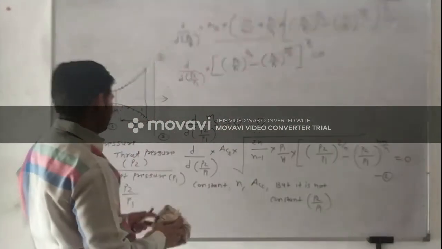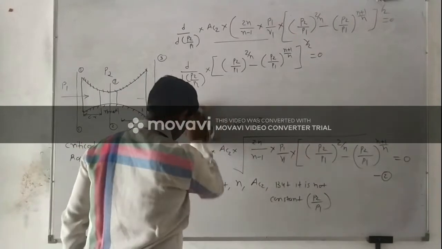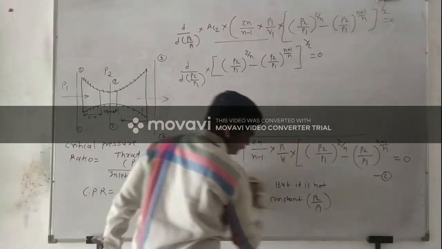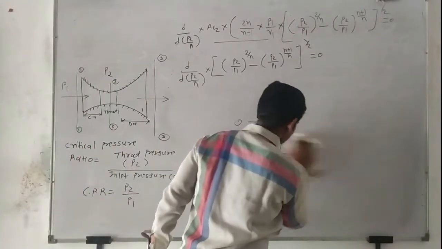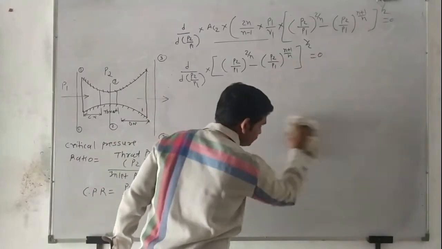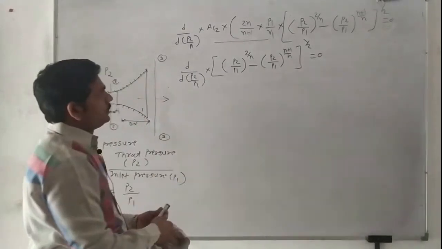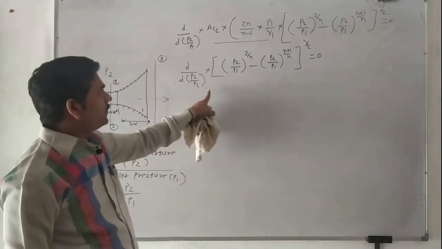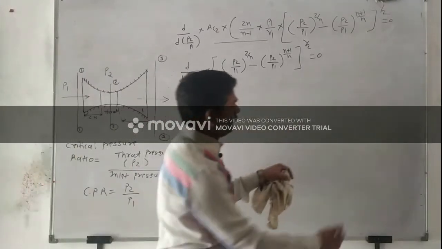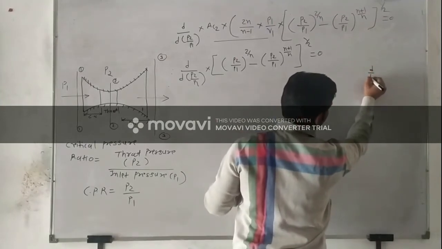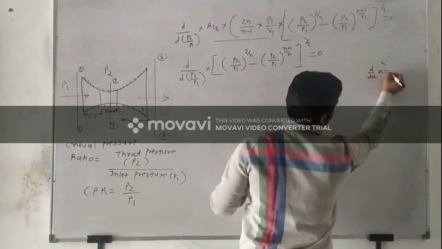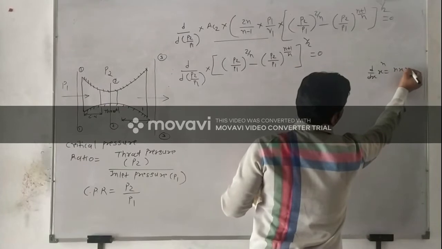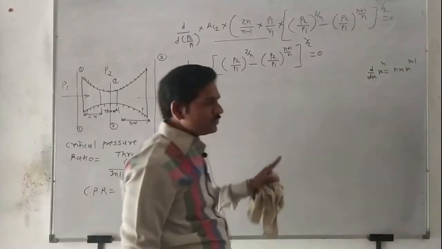Okay, so see here. After that we have to differentiate this. So after differentiation, what is? Very simple. We know that d upon dx of x to the power n, what is the answer? n x to the power n minus 1. So similar is here.